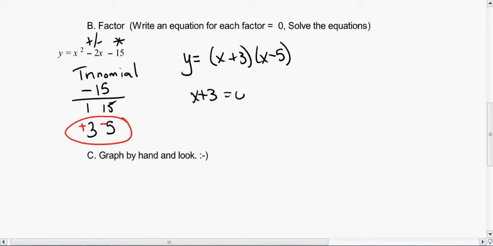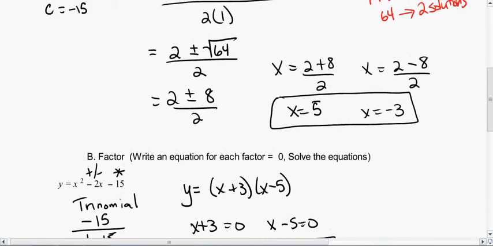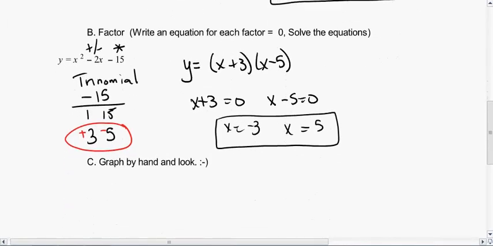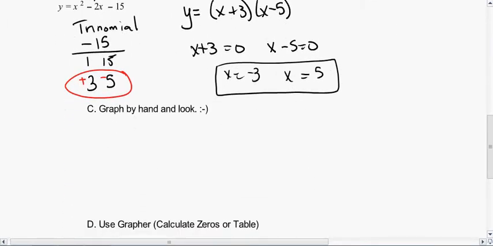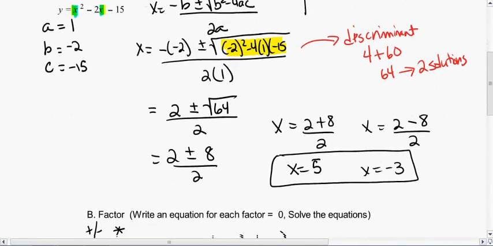X plus 3 equals 0, or x minus 5 equals 0, which means x equals negative 3, and x equals positive 5. Which of course is the same as the answer that I got in the last way, which is a good thing. If I got a different answer, then I probably made a mistake.